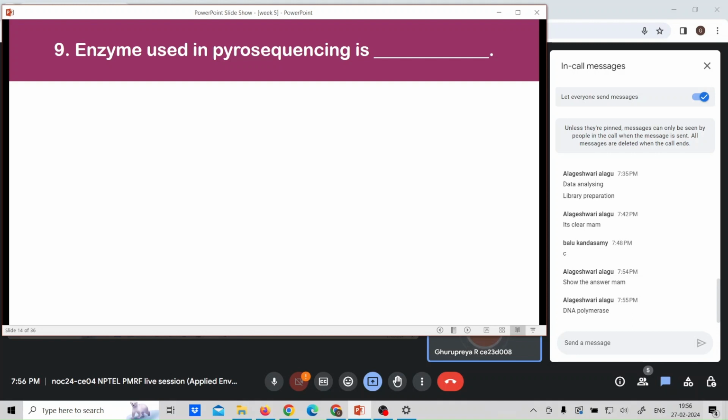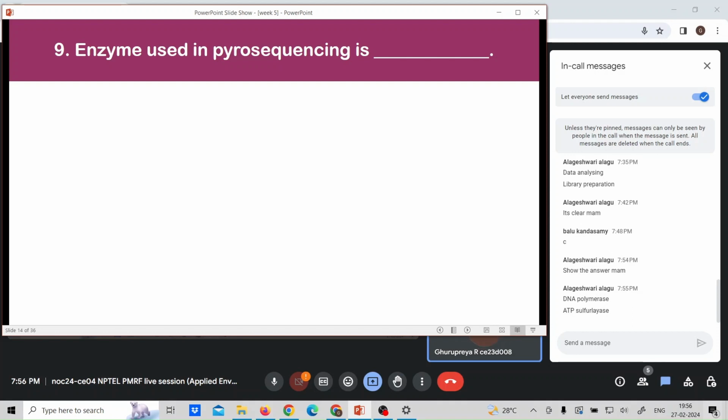This has nothing to do with your DNA fragment and its elongation. Okay, this is also used, but this is not the key enzyme. You're very near to the answer, but not exactly.